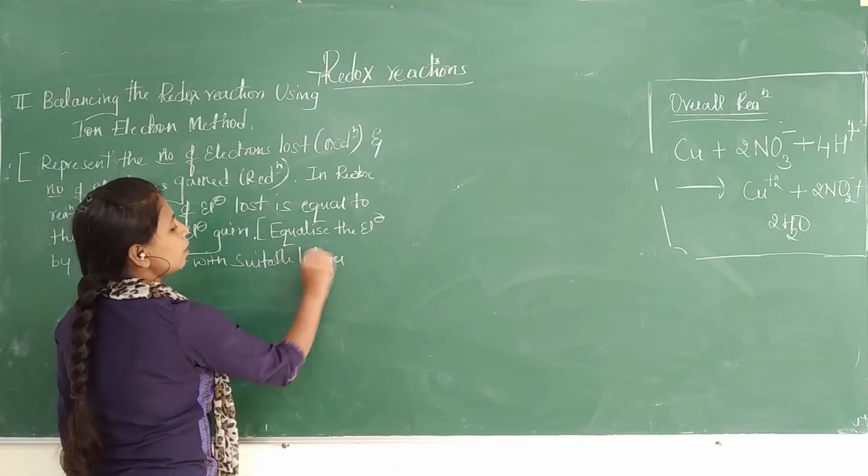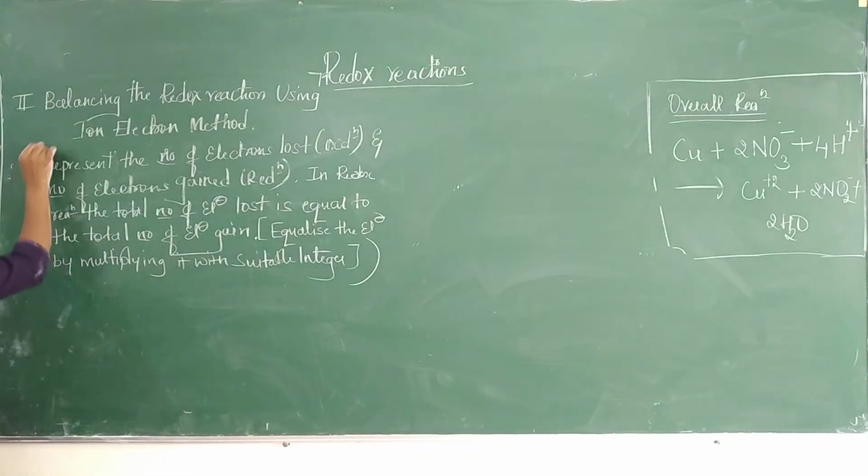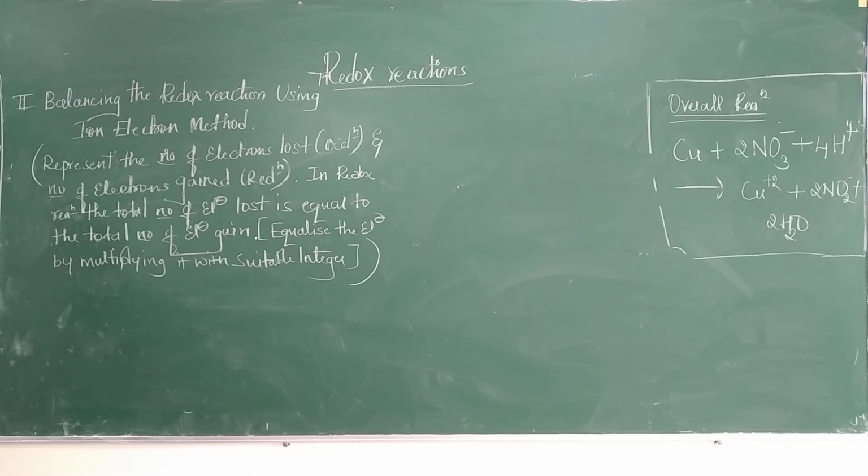Clear? This is how you are going to balance a redox reaction using an ion electron method. Only step 5 changes. Instead of writing the increase and decrease in oxidation number, you write how many electrons are lost and gained: lost electrons at the product side, gained electrons at the reactant side. Once you get the total number of electrons lost and gained, if they are equal, well done.